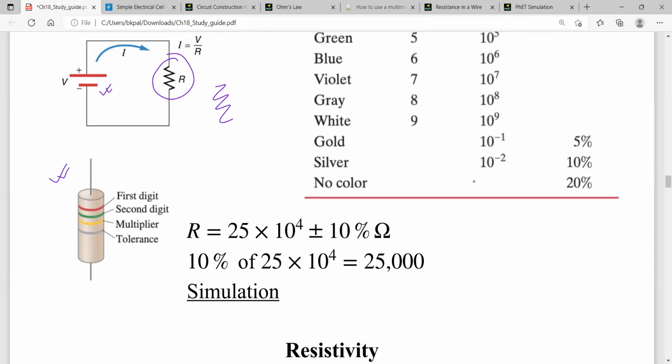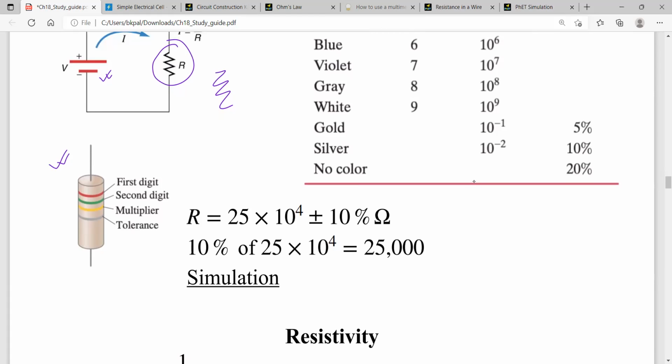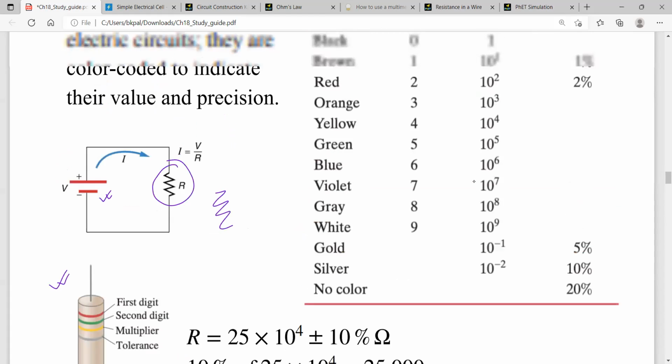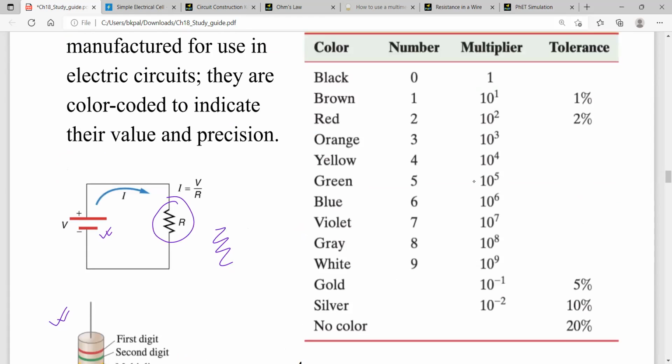Now here you see that in a resistor there are several lines, several color bands. The color coding works this way. In this table you see for each color there is some number, some multiplier, and some tolerance.